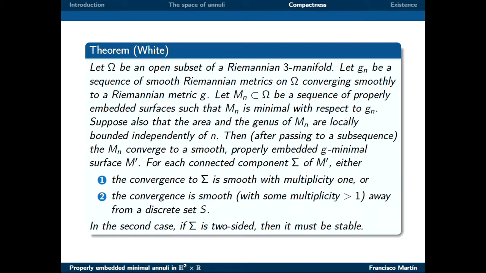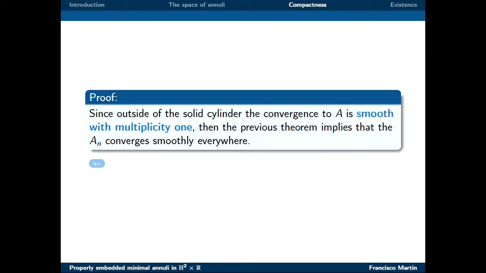Either you have convergence to a surface sigma with multiplicity 1, or you have convergence outside a discrete set with a higher multiplicity greater than 1. But as outside the cylinder you have convergence with multiplicity 1, then the convergence must be smooth with multiplicity 1 everywhere. And then you have a good limit, and that proves the theorem. So that's the proof in case 1.